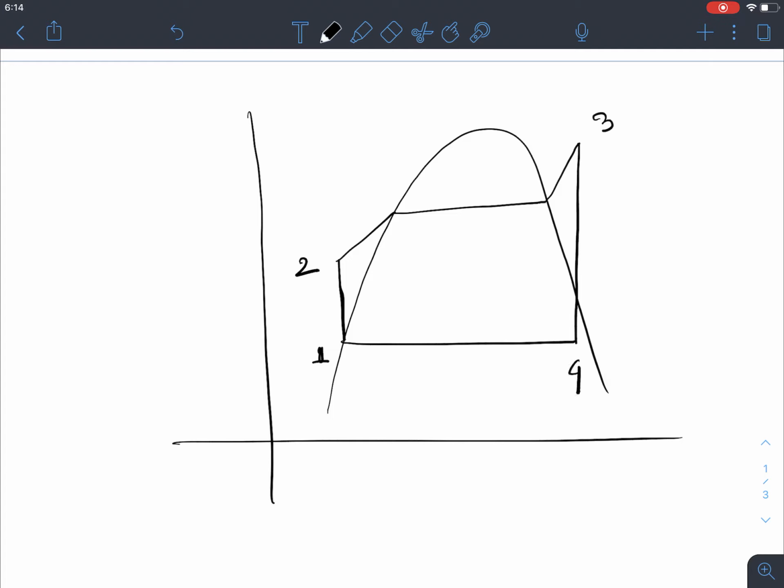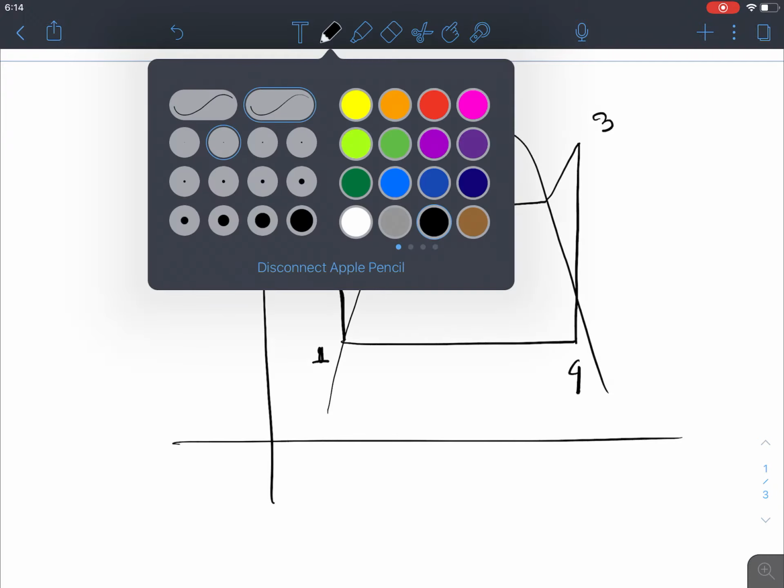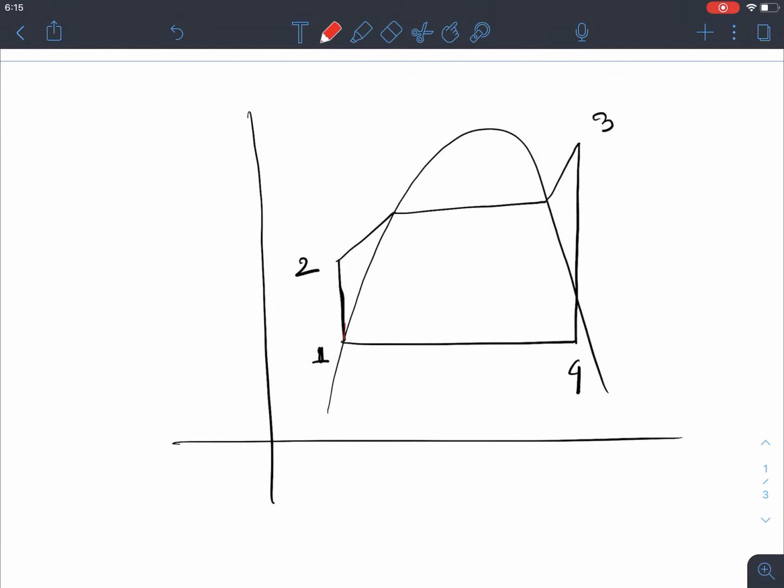However, in actual cases we see this difference. This is 2a and this is 2s.